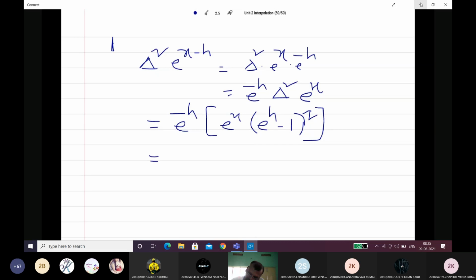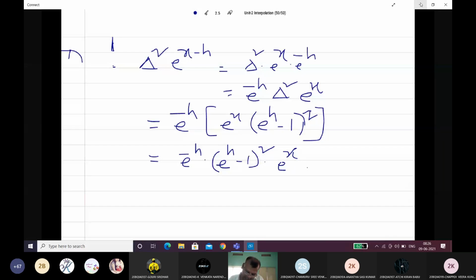Therefore, we have to write this one as e power minus h e power h minus 1 whole square into e power x. What is this value? Delta square by e into e power x.